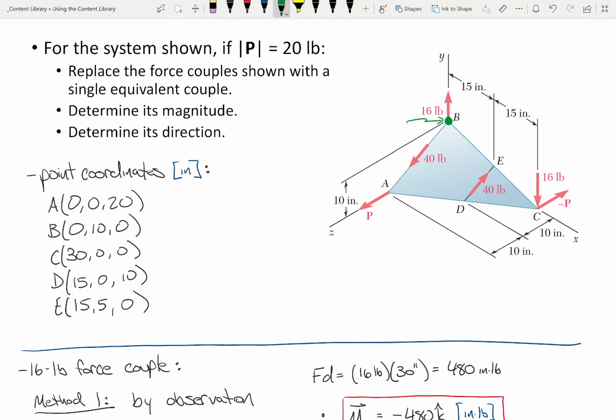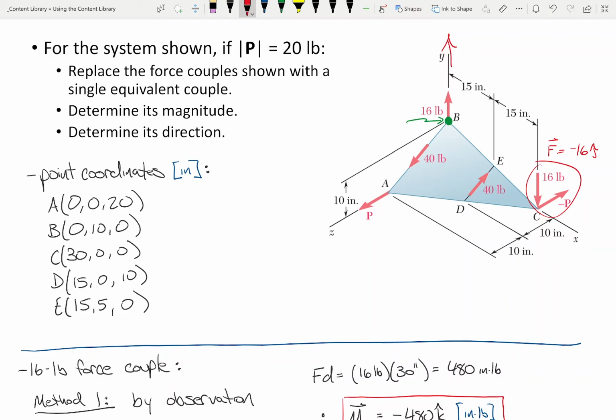So if I'm going to sum moments about that point, this is my force vector. Now I'm saying that this vector is minus 16j. Why am I saying it's minus 16j? Because positive y goes like that. It's pointing down. So it's negative 16j because it's going down.